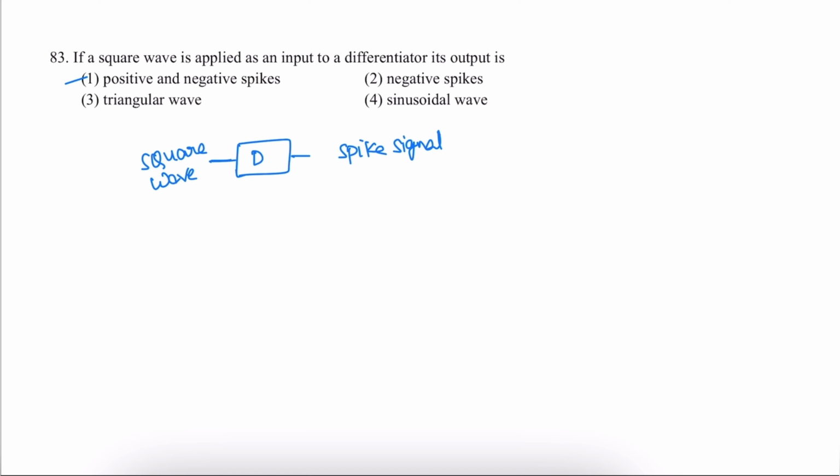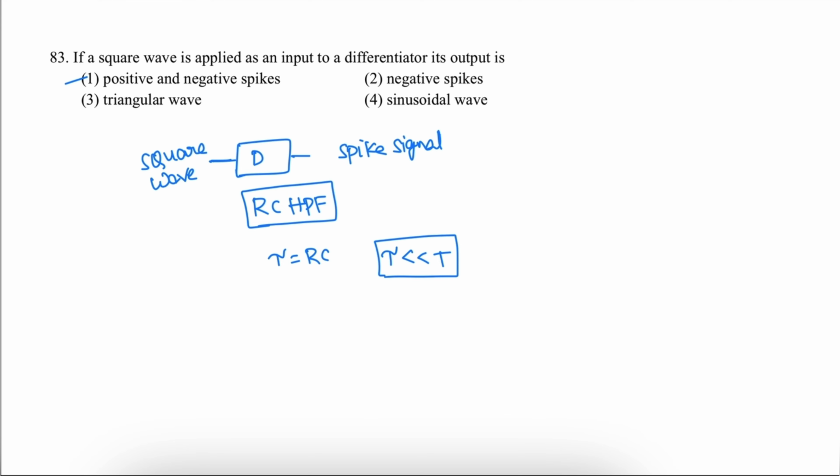So this differentiator circuit is nothing but an RC high pass filter. An RC high pass filter is a good differentiator if the time constant of the circuit, tau equal to RC, is much smaller than the time period of the input signal.